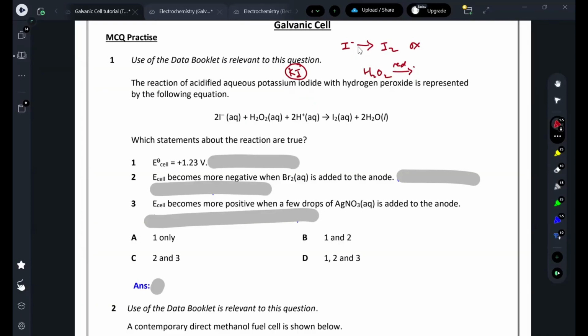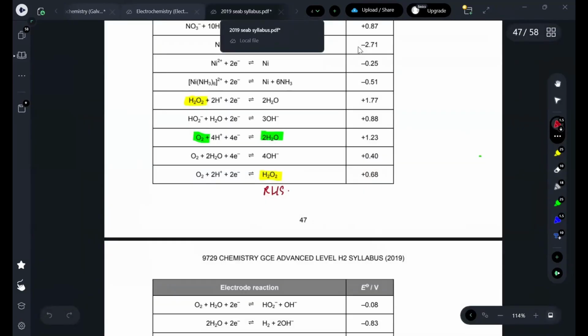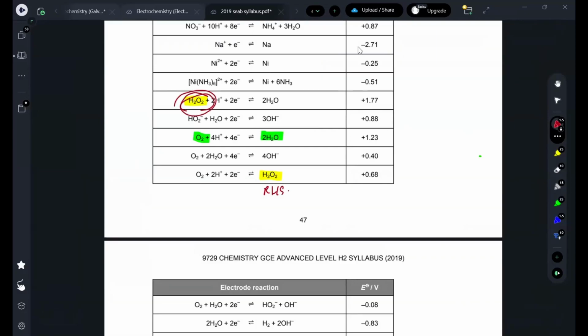Don't take my word for it. Go to your data booklet, look for peroxide on the left hand side. Actually, by coincidence, I'm already there because we're always looking at this part. You see, peroxide on the left hand side. So just choose this.